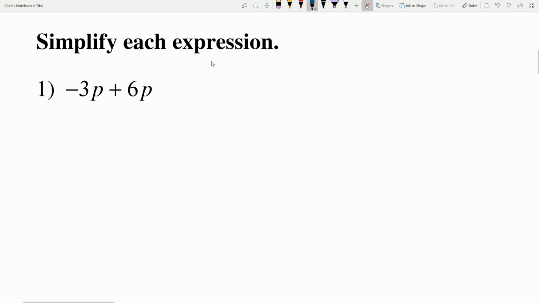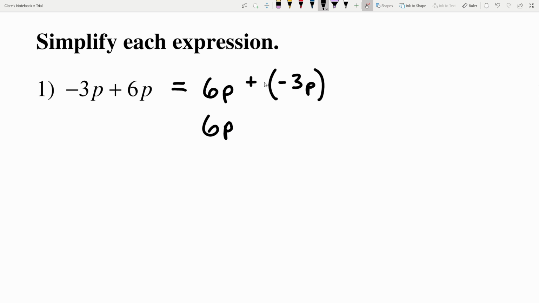In number 1, we have a negative 3p plus a 6p. Now, you may want to rewrite this as 6p plus a negative 3p. If I rewrite it like this, that's the same as 6p, subtract the positive 3p. So if I have 6 p's and I'm subtracting 3 of those p's, because I have 1 p in each of my terms, I can just subtract the numbers, leaving my p.